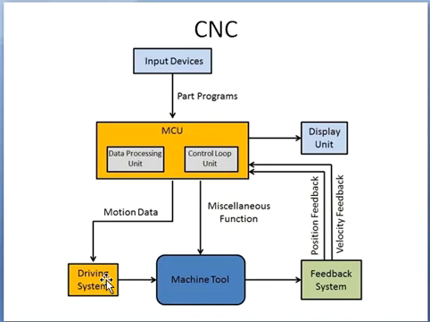Here, the feedback system has a two-way interface. One provides the position of a particular component. For example, a tool is to be at a particular position. That position is read by the feedback system and is transferred into the control loop unit.